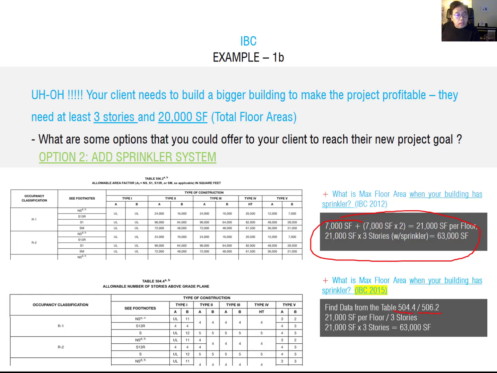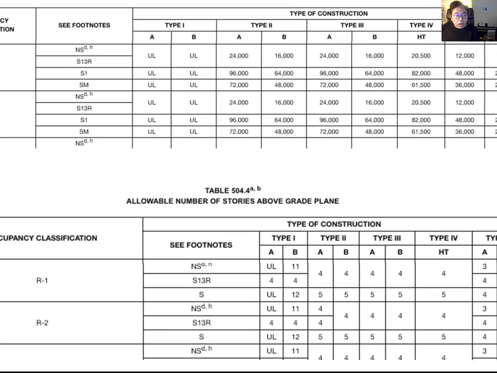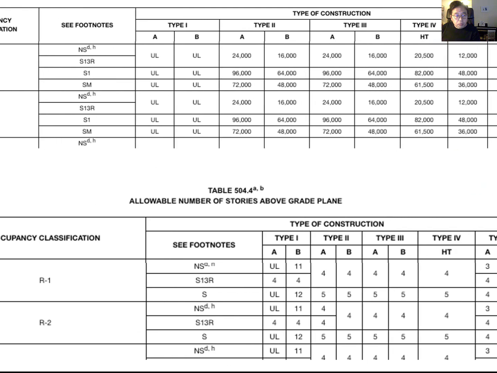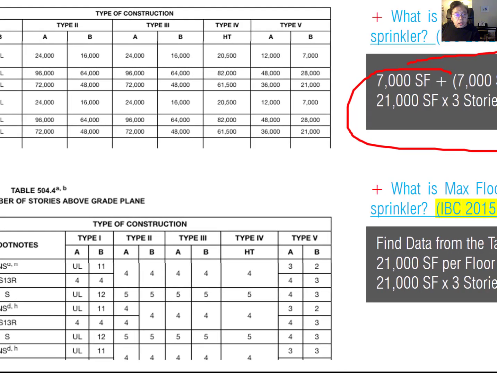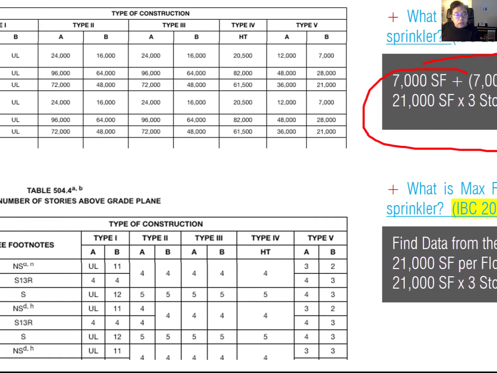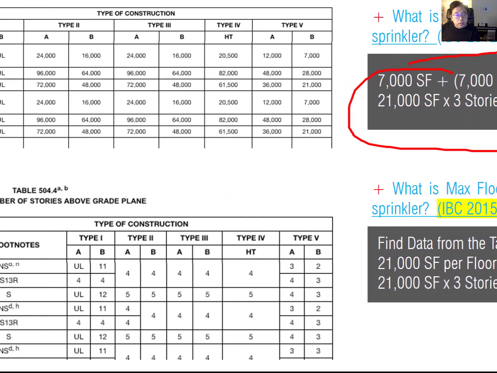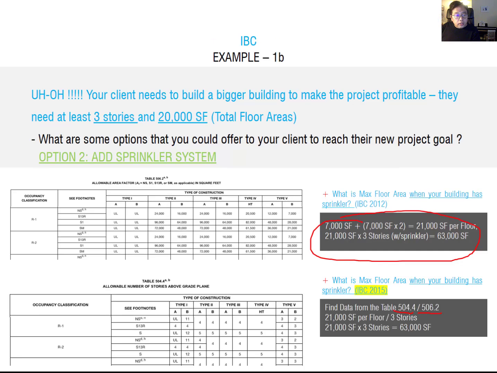Okay, so you can just simply find the number here. So you have R2, and then non-sprinkler system, sprinkler system, and then the S13R sprinkler system. So from this you can find the number from here pretty easily. Okay, so without the calculation.